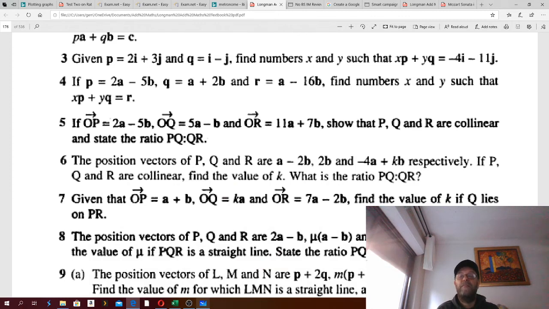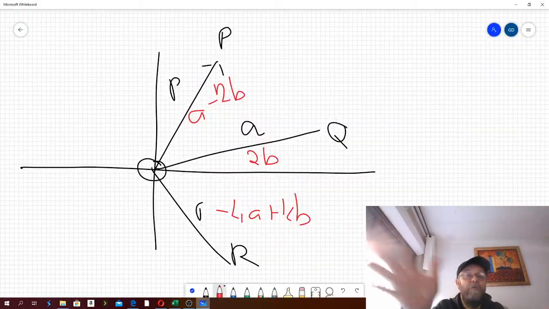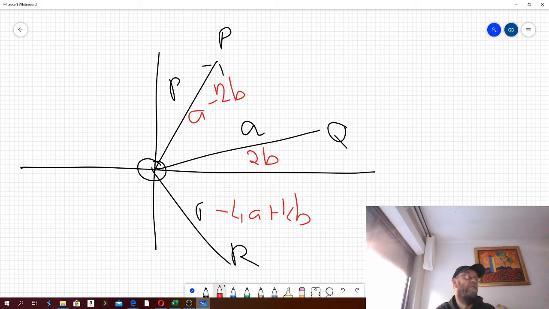Now, they've said that the P, the Q, and the R are collinear, so in other words, the way I've drawn them is not what they are, because they're all on the same line, and then we must find the value of k and also find the ratio of PQ to QR. Well, the way I drew these originally was actually not correct at all, but that doesn't matter.